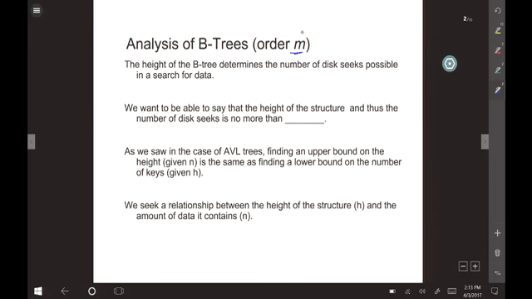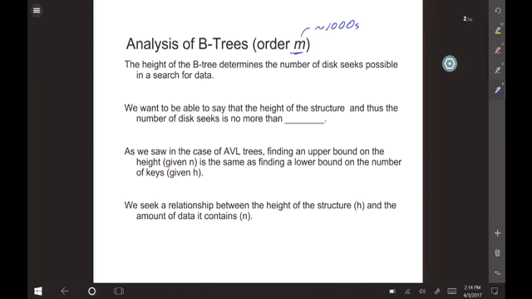In practice, M is on the order of thousands, and it depends specifically on how much memory the architecture of your machine allows you to pull. So M is a value that's going to go up as time goes on, as the construction of machines changes. Right now, M is kind of a big number.